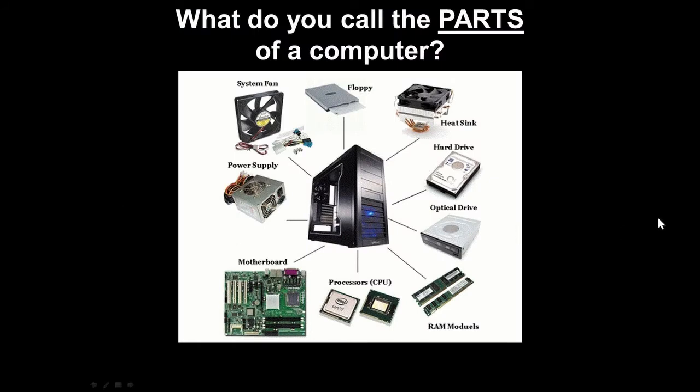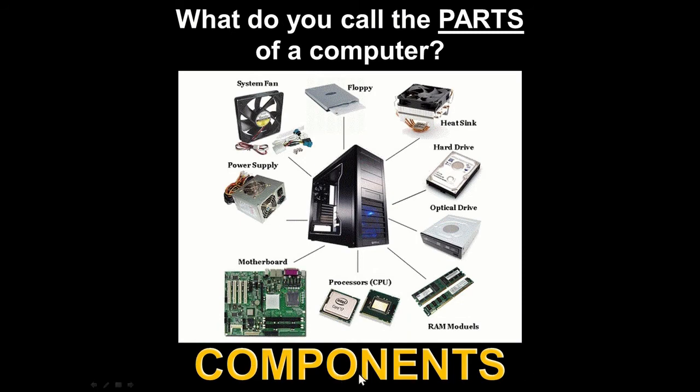All right, now we're going to do the exact opposite. And we have to introduce a new term here. So what do you call the parts of a computer? If you're going to build your own computer and you're going to buy the individual parts, you call those parts the components.